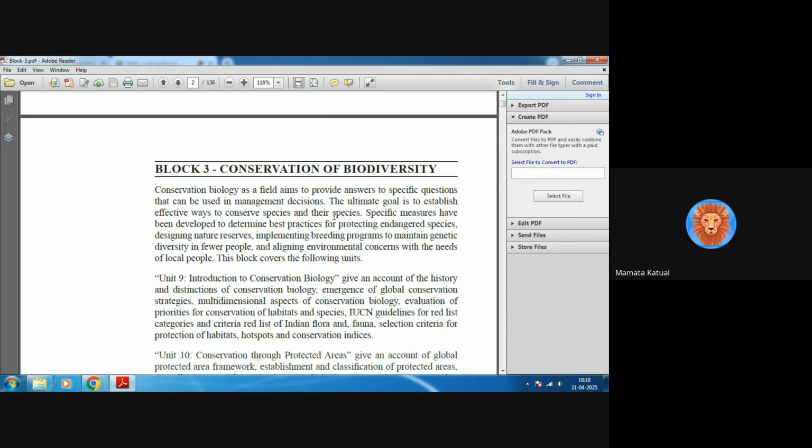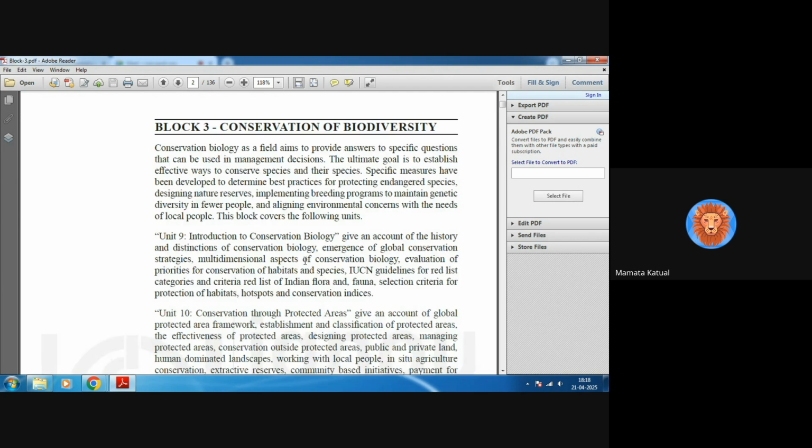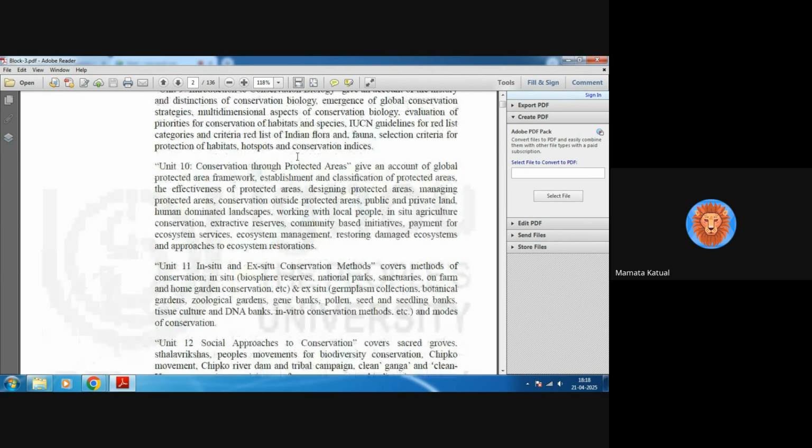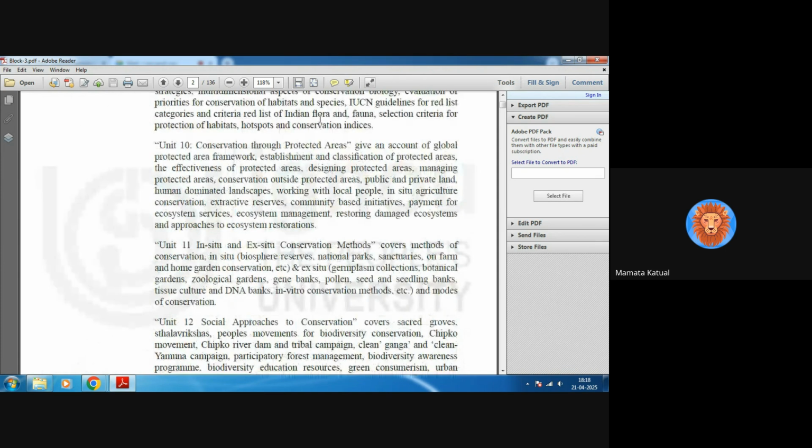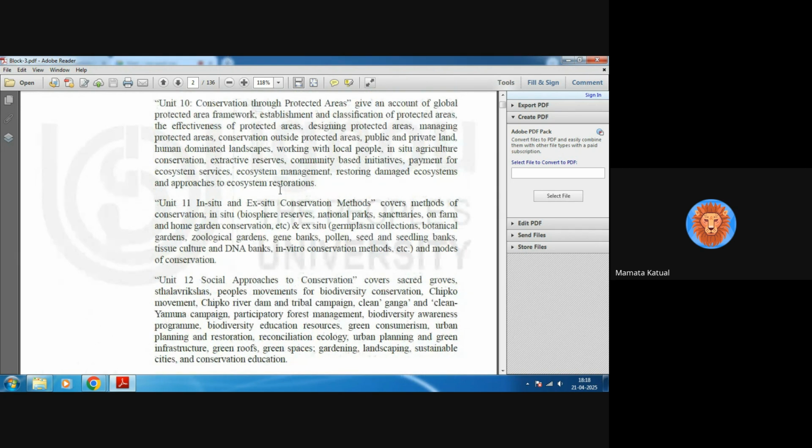Wrongly, it is printed as species and their species, but it will be habitat. So the aim of conservation biology is conservation of species and also their habitat. So this is a brief description about the different units.